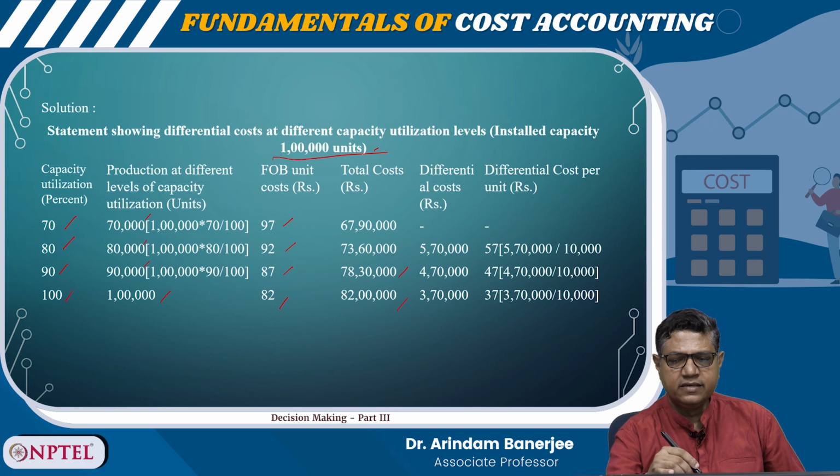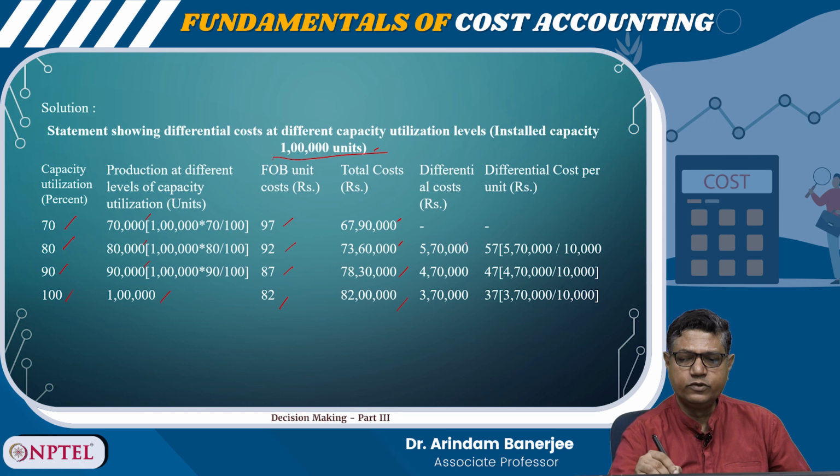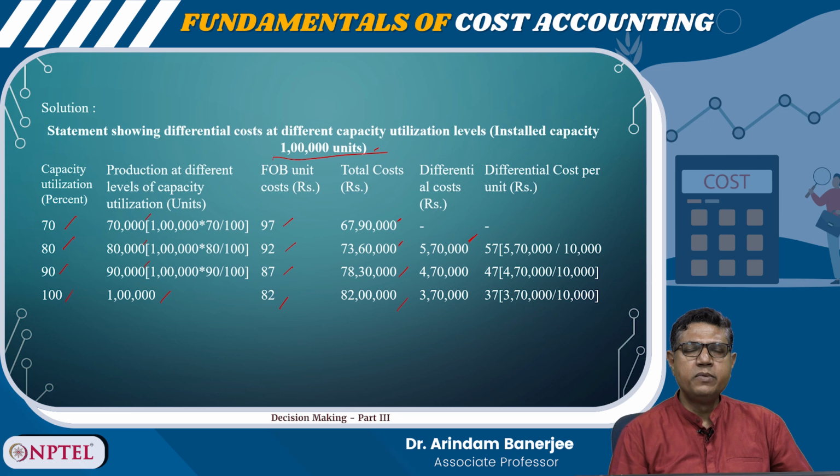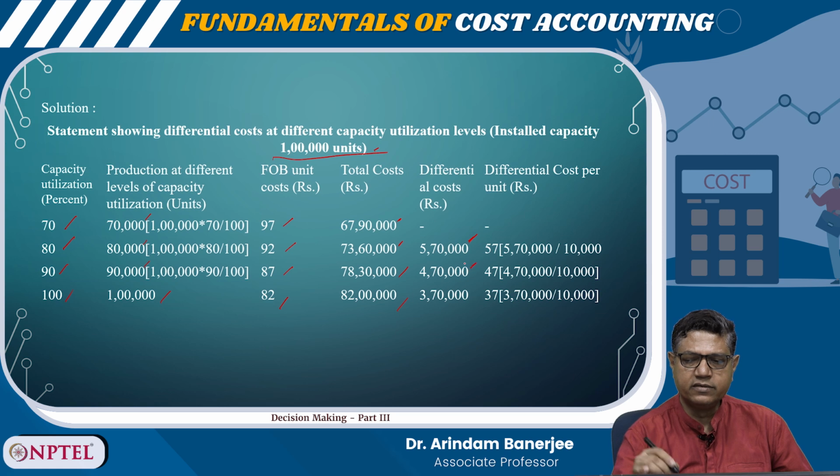So, 73 lakh 60,000 minus 67 lakh 90,000 comes to 5 lakh 70,000, right. Similarly, 78 lakh 30,000 minus 73 lakh 60,000 comes to 4 lakh 70,000. 82 lakh minus 78 lakh 30,000 is coming to 3 lakh 70,000.